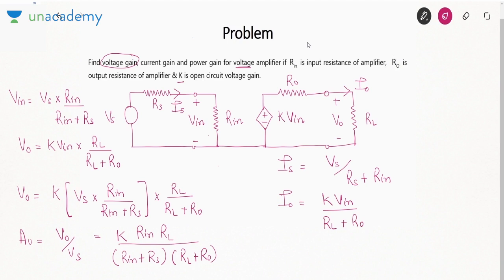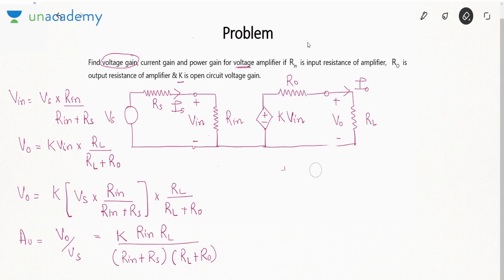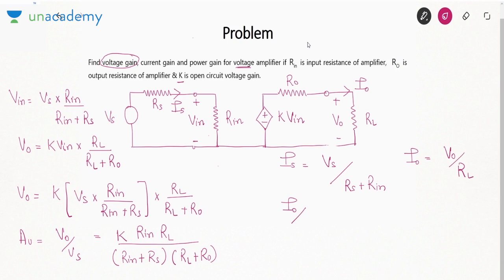Or otherwise, we can go by one more method. Is is Vs over Rs plus Rn, and I0 is V0 over RL. So if you want I0 over Is, take the ratio.